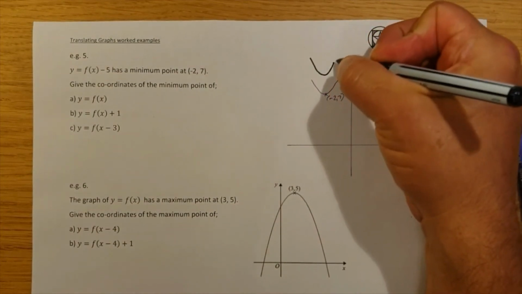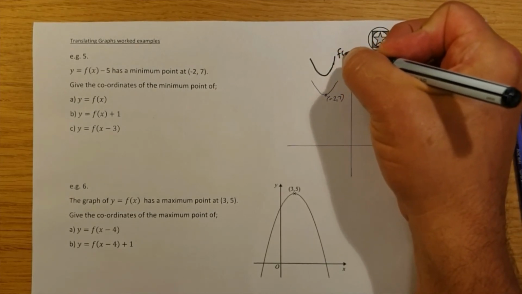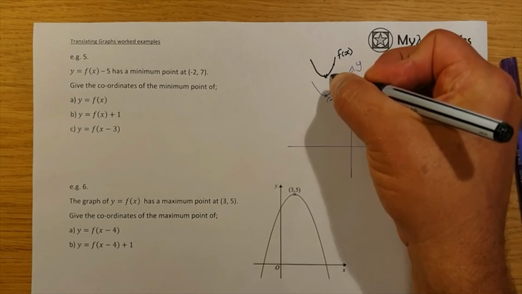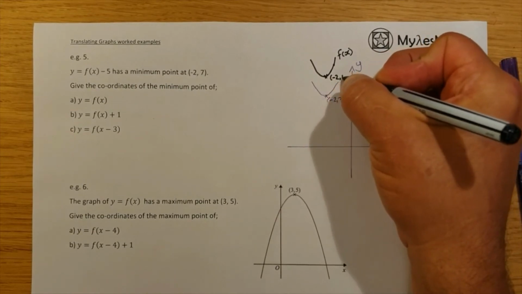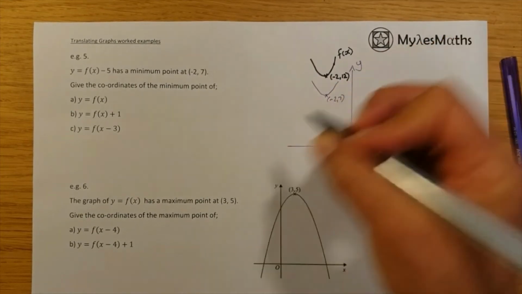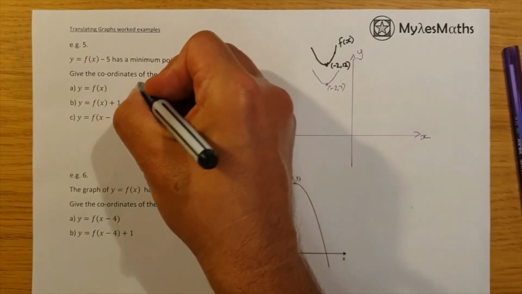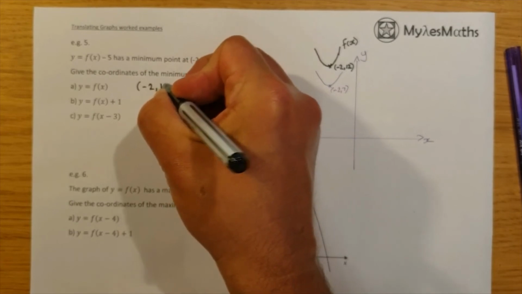So this must be the original f of x. And if this is 5 places higher, this must have been minus 2, 12, because 7 plus 5 is 12. So that'll be minus 2, 12.